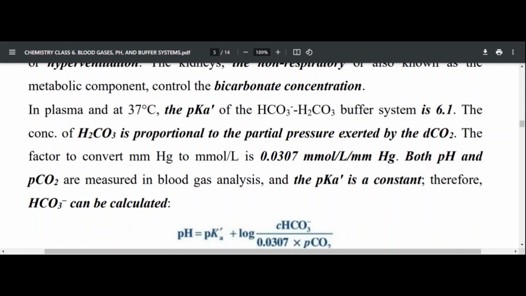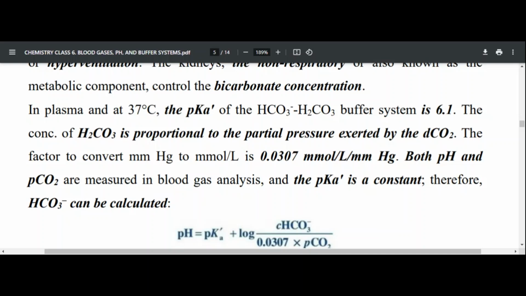So when you want to convert, for example, when you have the amount of CO2 in millimeter of mercury, then you can convert it to millimole per liter by multiplying with 0.0307.